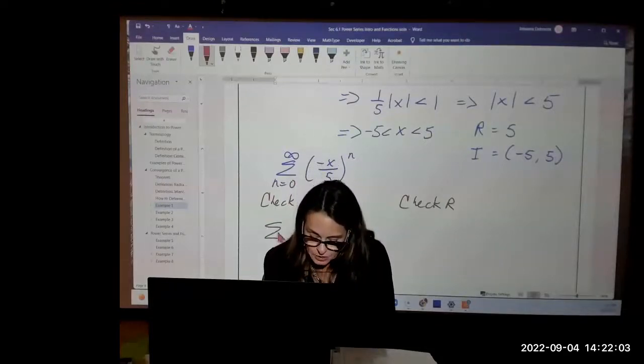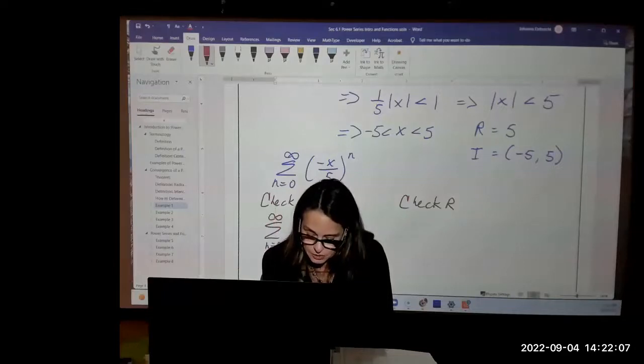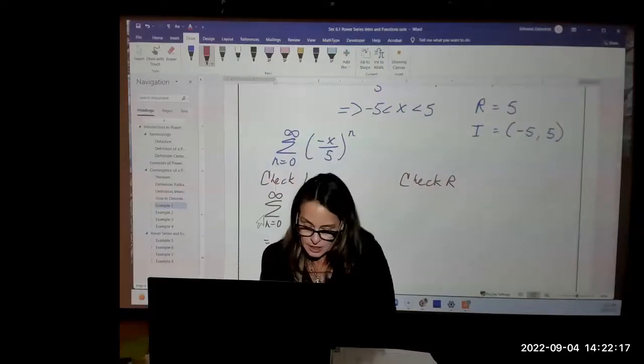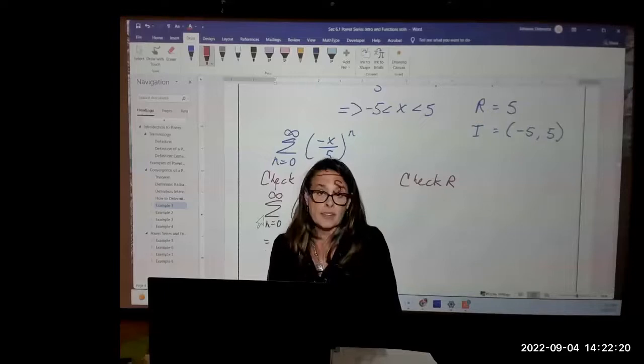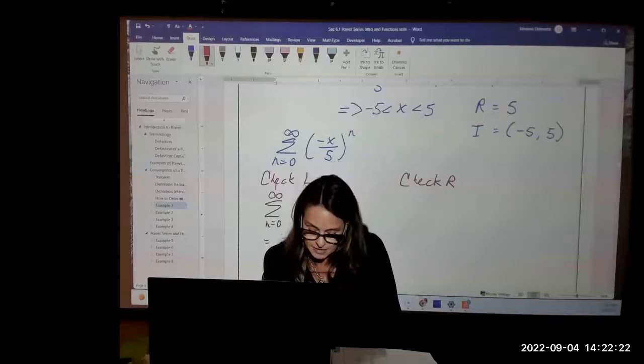So if I take those values and I substitute them into the original series, which in this case would be a negative times -5 over 5 raised to the nth power, this would give me, of course, a double negative gives me a positive, and 5 over 5 is 1.